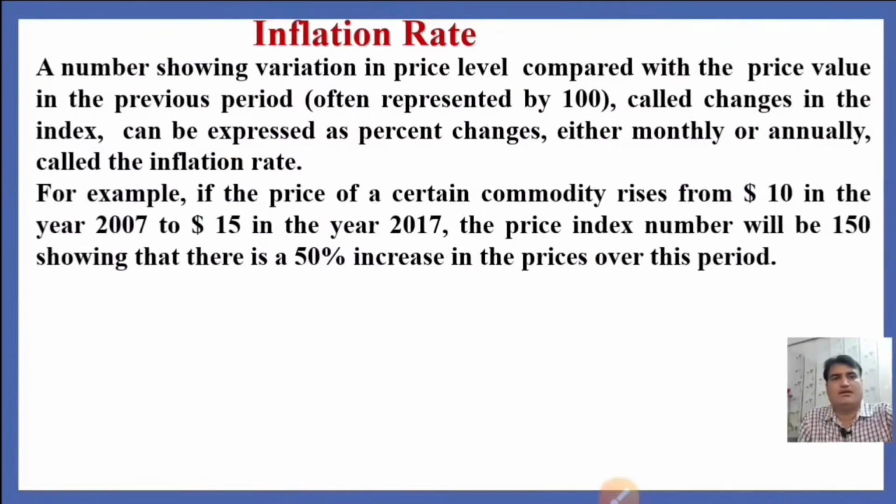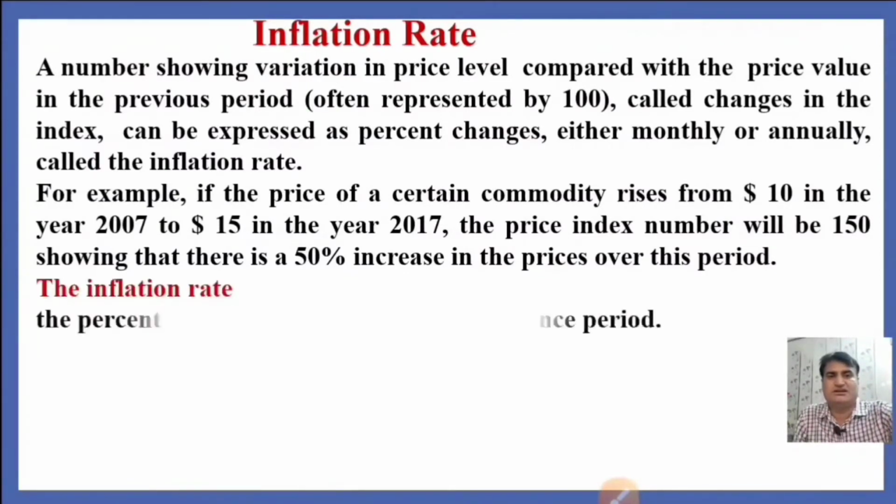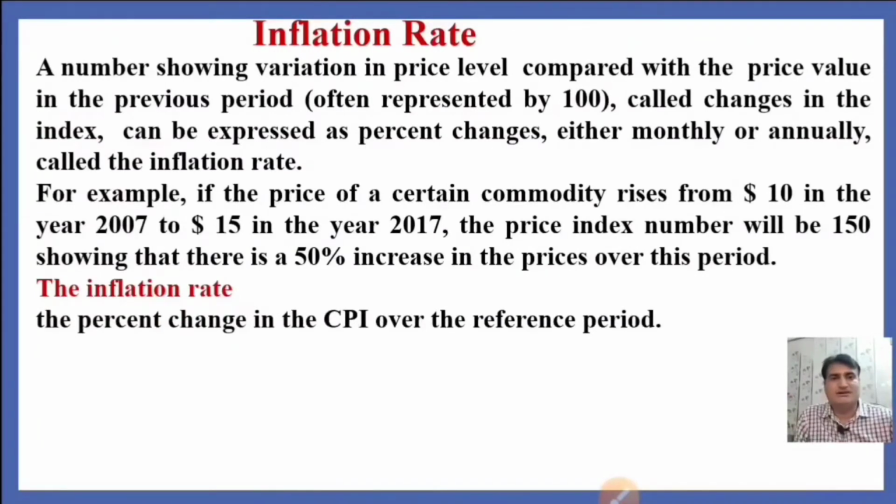For example, if the price of a certain commodity rises from $10 in the year 2007 to $15 in the year 2017, the price index number will be 150, showing that there is a 50% increase in prices over this period. So the inflation rate means the percentage change in the consumer price index over the reference period.